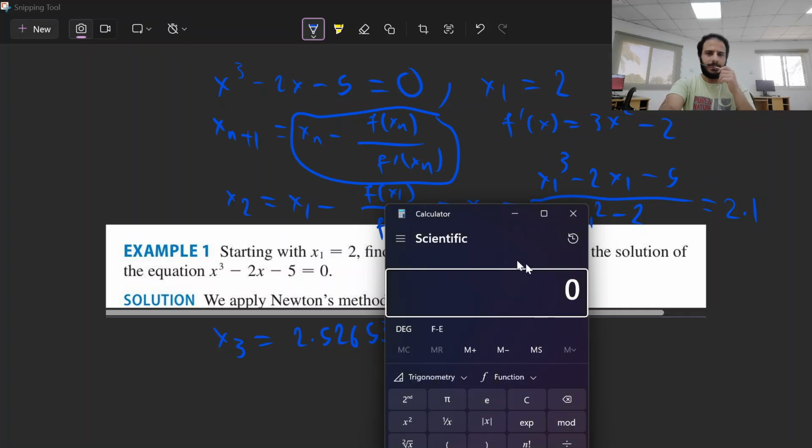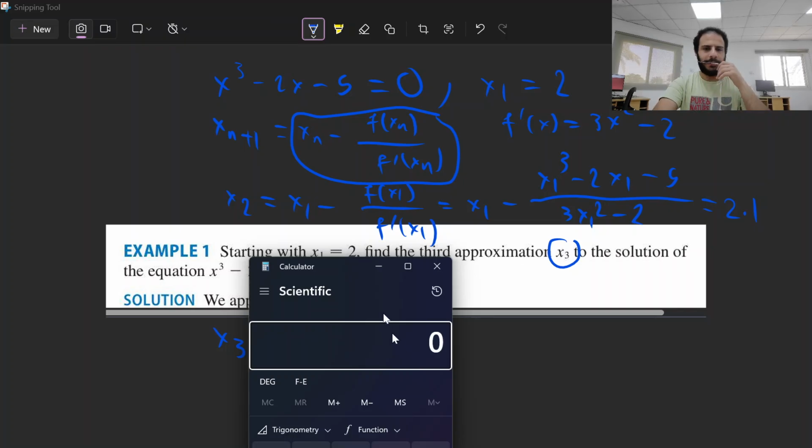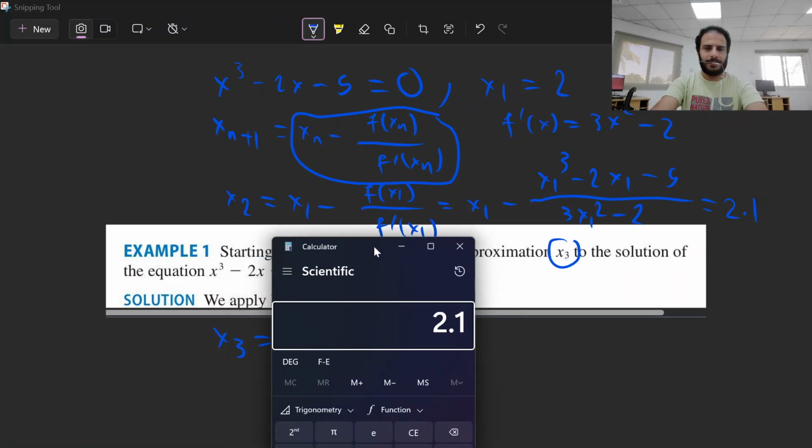So here we have again 2.1 minus, you open two parentheses, one big parenthesis, and the inner one for the upper part of the fraction.